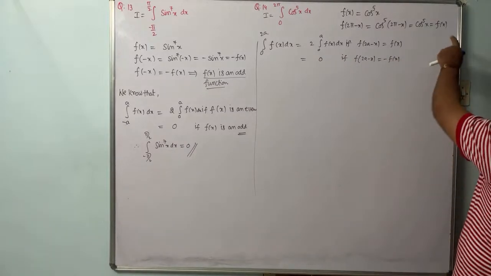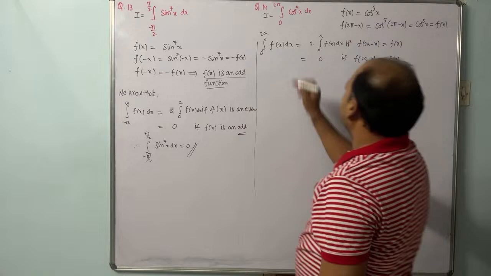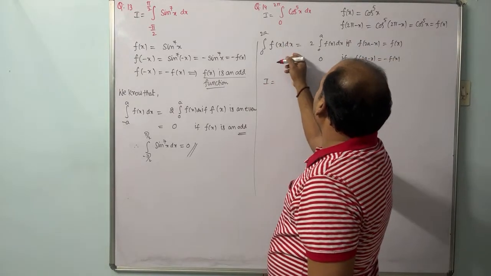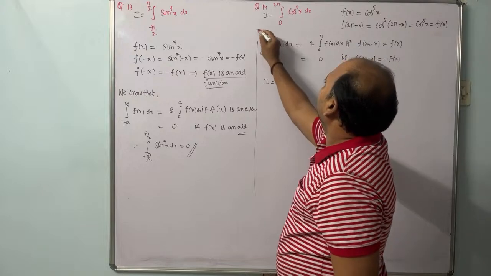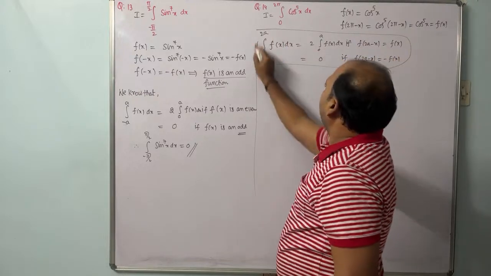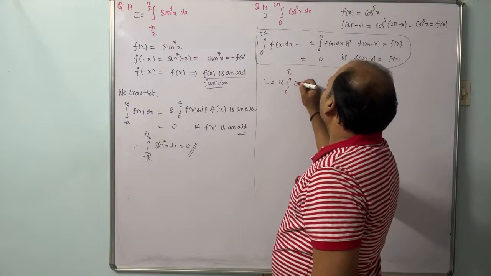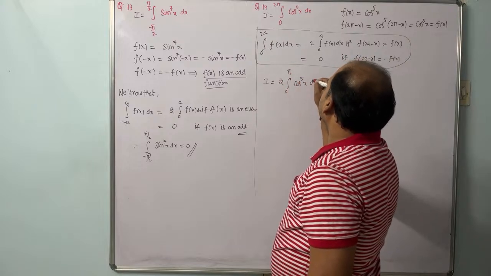Clearly you observe that it is f of x, so this will happen. So by using the above property we will have the result. Okay. So 2 times integral 0 to pi cos power 5x dx.